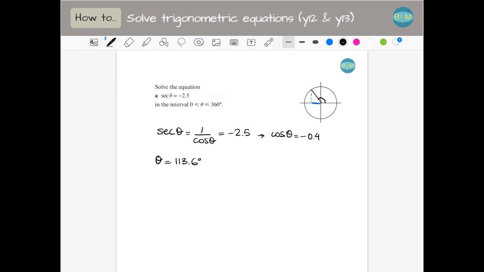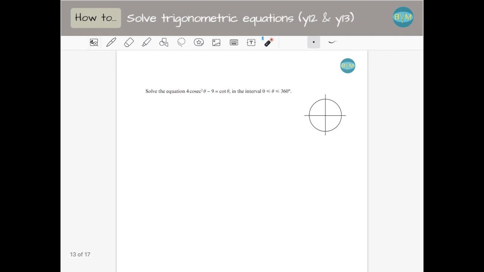So another angle that gives me the same cos is this one here, which is 360 minus 113.6. These to one decimal place. Yeah, and I don't have more solutions below 360. I will need to just go around and around. So this is the same. It's just you don't have this in the calculator. You have to write with something that you have in the calculator.